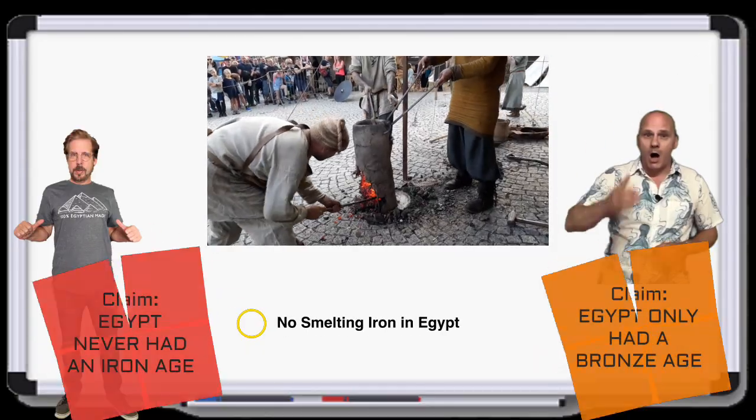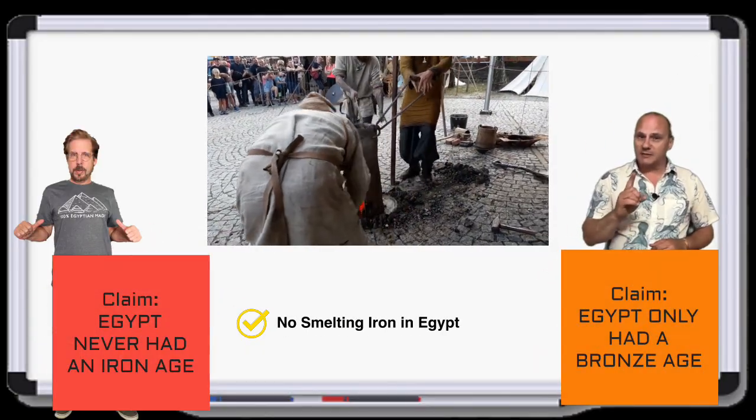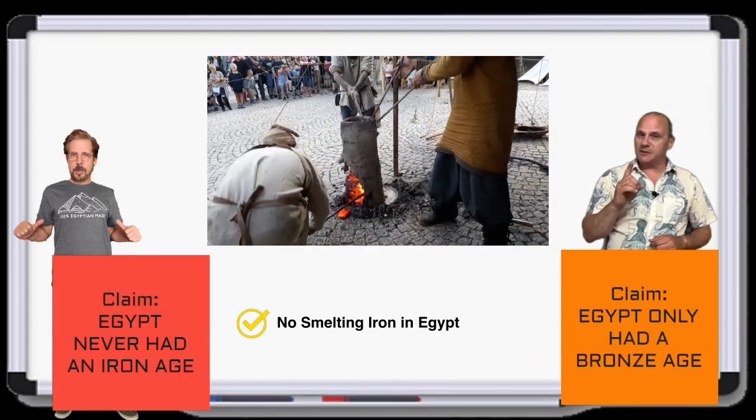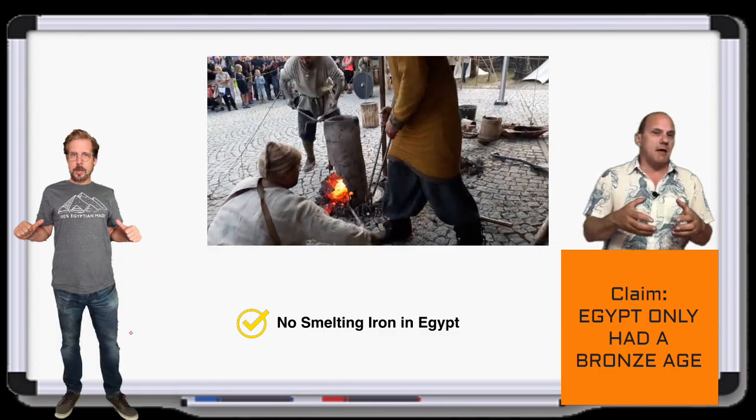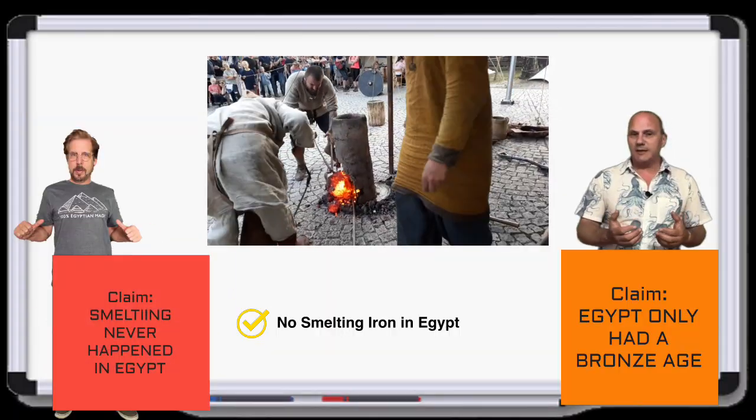Iron tools become common in everyday life, and iron replaces bronze as the dominant utilitarian metal across that society. Hard stop. What Dr. Miano means when he says that there was no Iron Age in Egypt is that the process of smelting was never done within the kingdom.